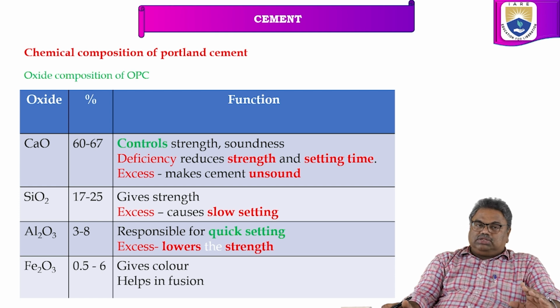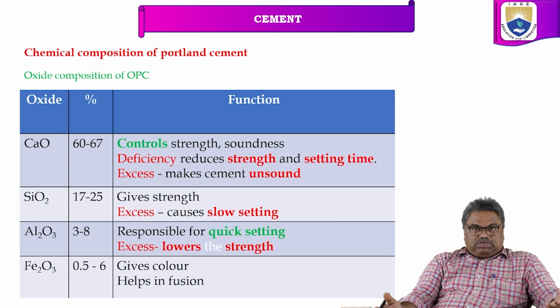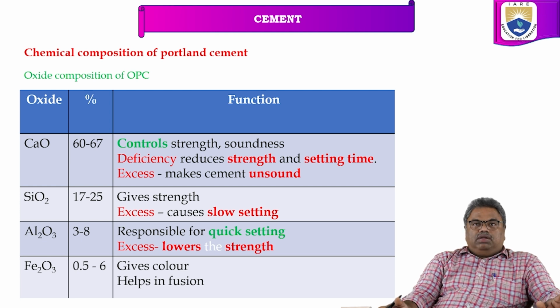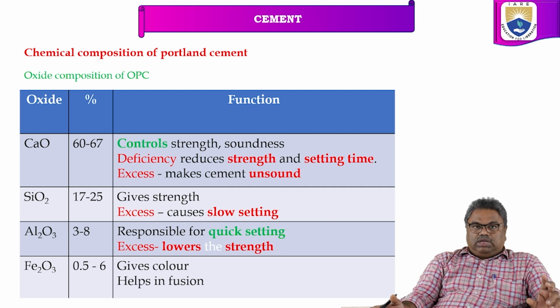If you have an excess, more than 67%, it makes the cement unsound. So the CaO should be between 60 and 67% only.